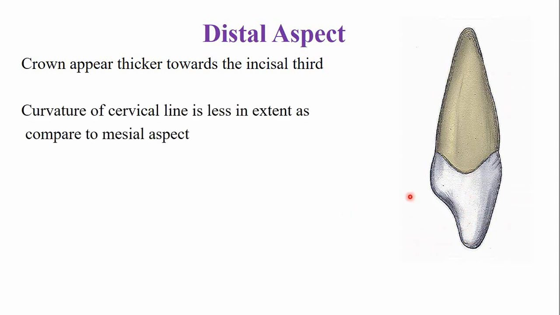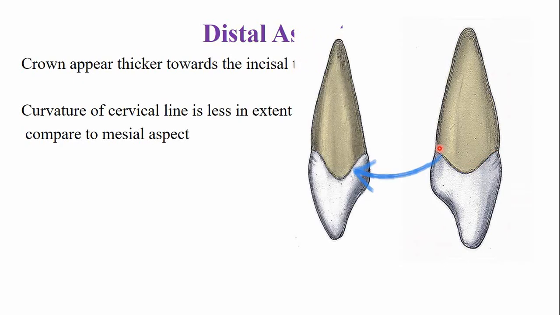The curvature of the cervical line is also towards the incisal edge, but it is less compared with the cervical line curvature of the mesial aspect of the same central incisor.